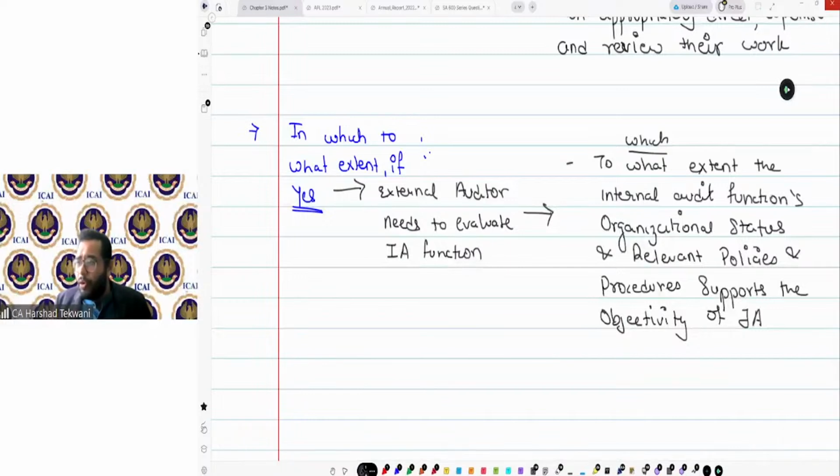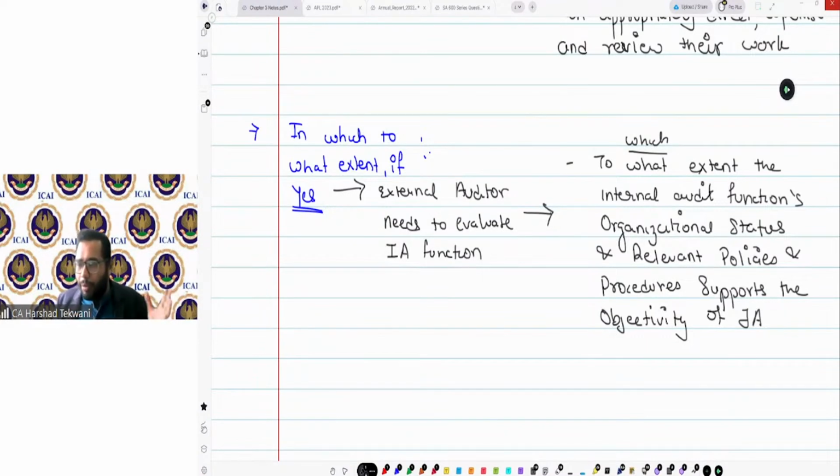Understand, when I say whether the organizational status, relevant policies, and procedures support the objectivity of the internal auditor, objectivity basically means presenting the facts straightforwardly, not being influenced by any pressure.